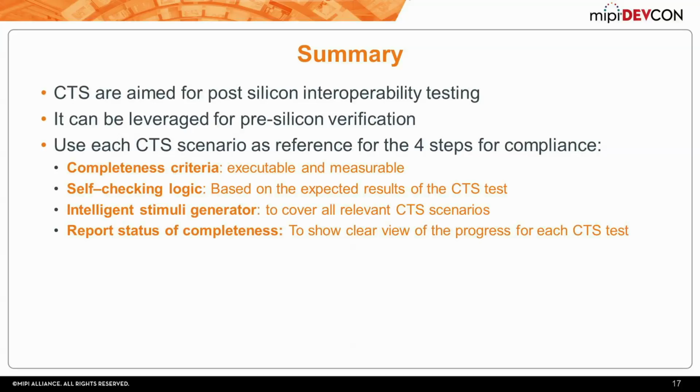You need to understand how to create the self-checking logic based on the expected result in the CTS, which we saw before. You need to create some intelligent stimuli generator to create enhanced scenarios which are randomized and can be executed multiple times with different seeds to create different scenarios.